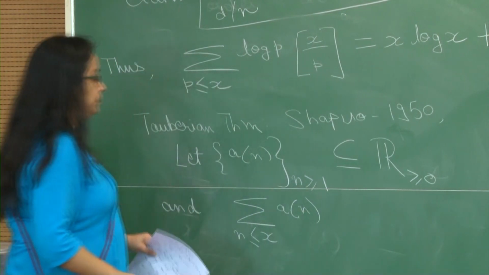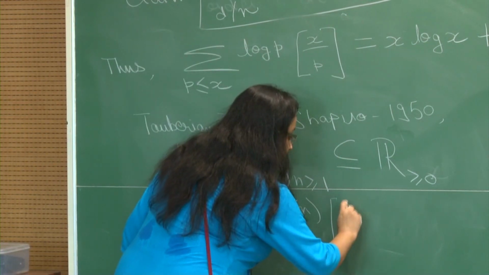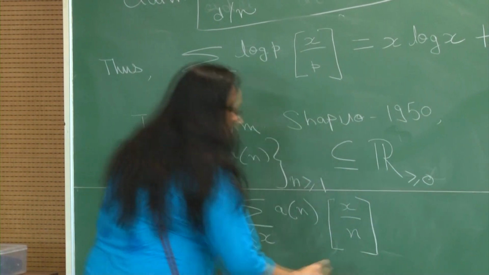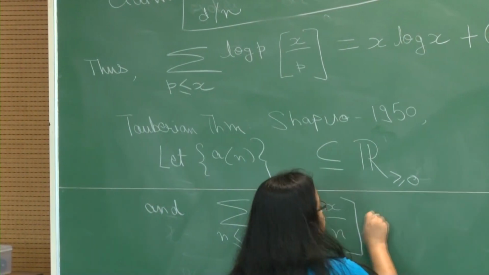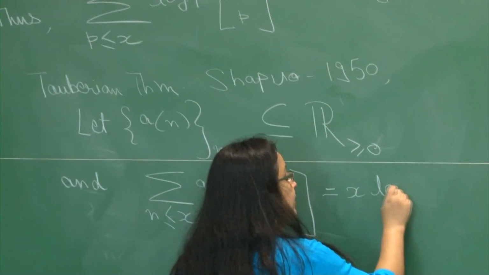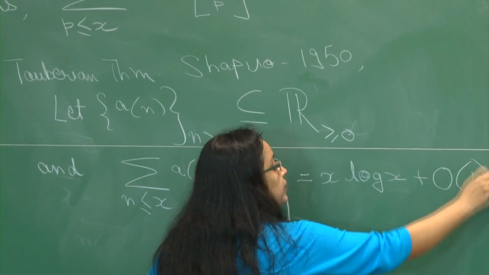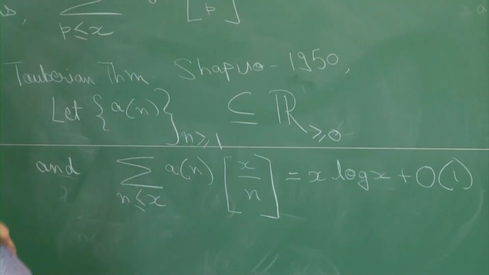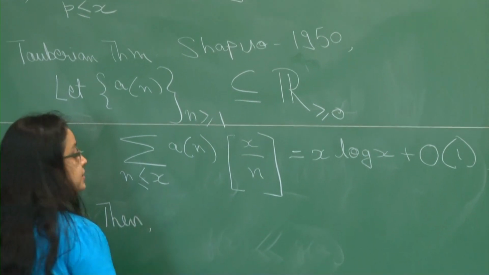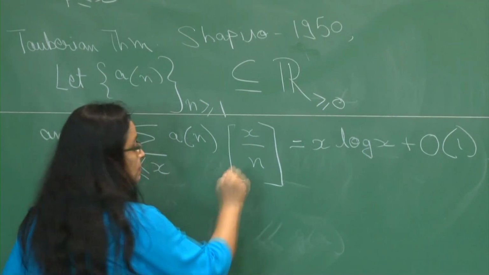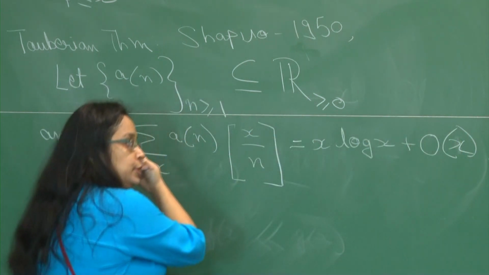Suppose you know that given such a sequence A of n of non-negative real numbers, summation A of n times box x by n is equal to x log x plus O of x.